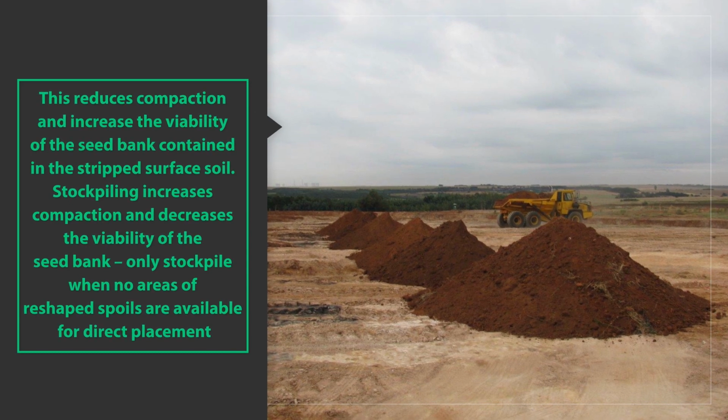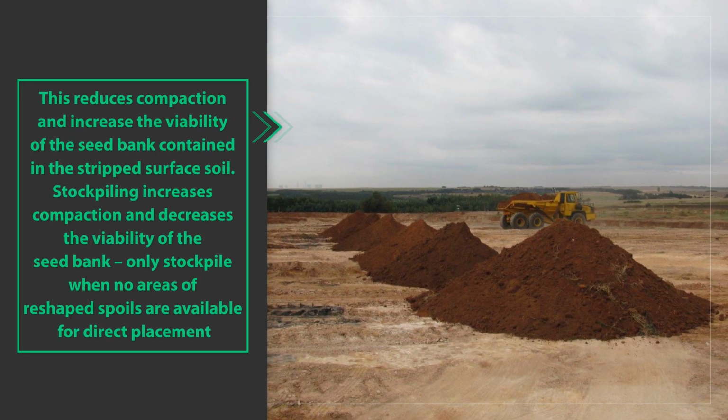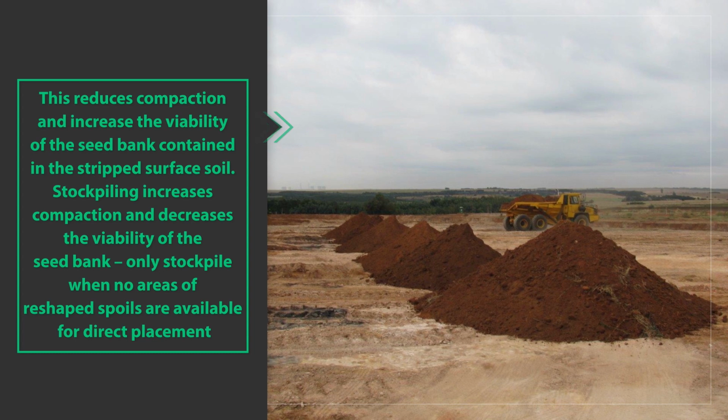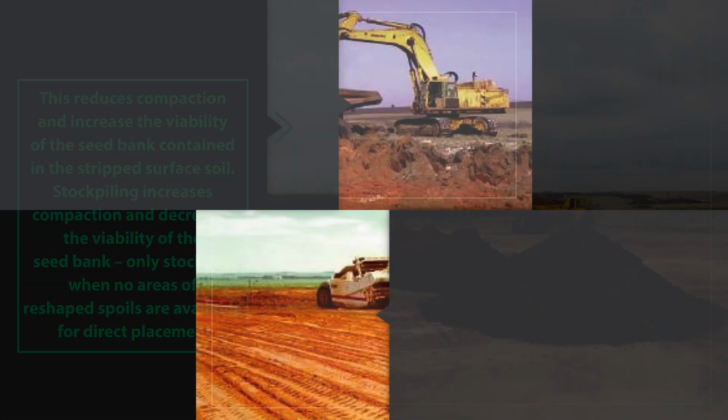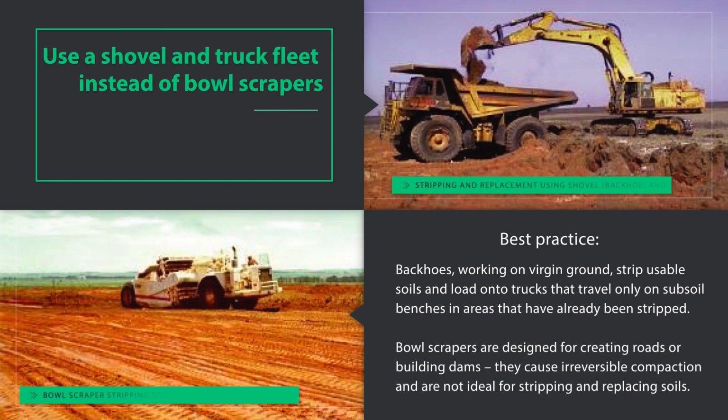Strip and replace soils in one process wherever possible. Use a shovel and truck fleet instead of bowl scrapers. Preventing soil compaction during soil handling should be a priority focus for all rehabilitation activities.